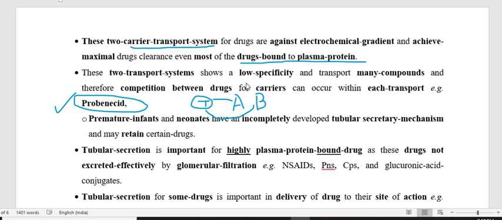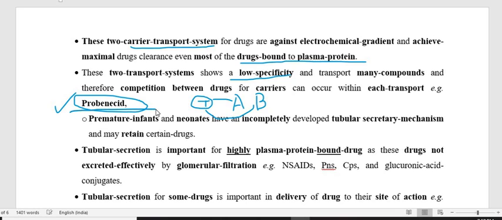This is low specificity. So if we are administering two drugs together, the role of the carrier transporter becomes very, very important and interesting. Take the example of probenecid.